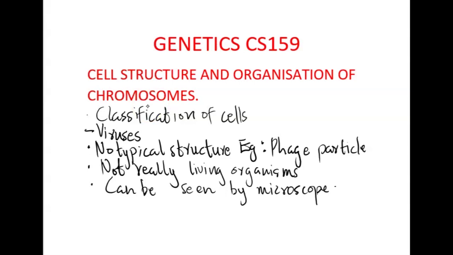What's a virus? A virus is an infectious microbe consisting of a segment of nucleic acid, which can be RNA or DNA, and it is surrounded by a protein coat.